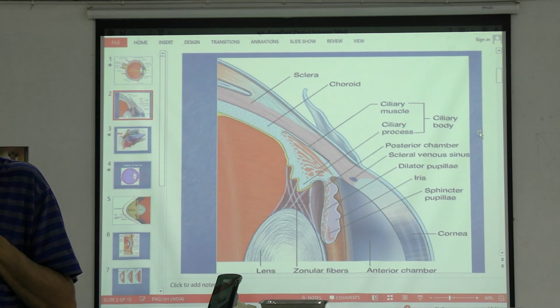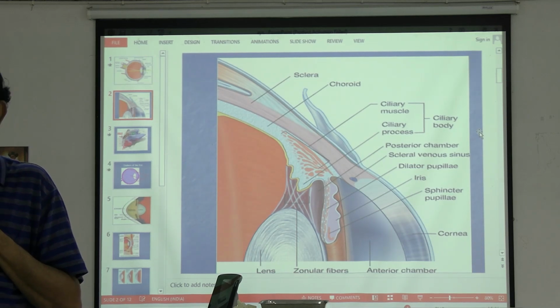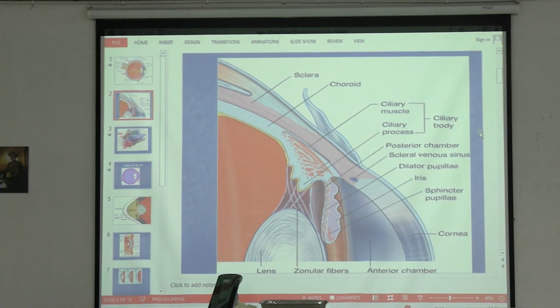There are different colors of the iris. It forms a diaphragm between the posterior chamber and the anterior chamber. Centrally, it is open, which is called the pupil.